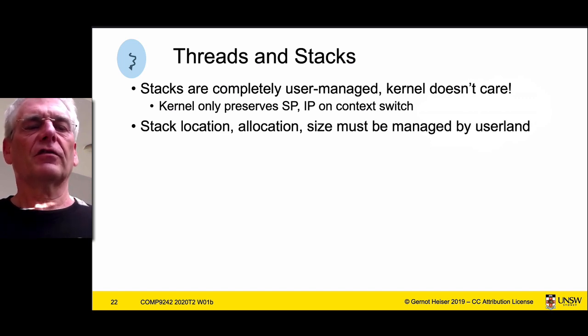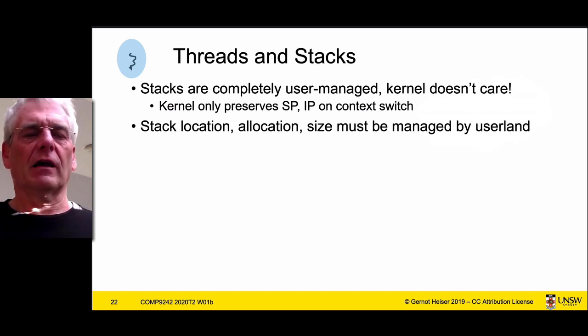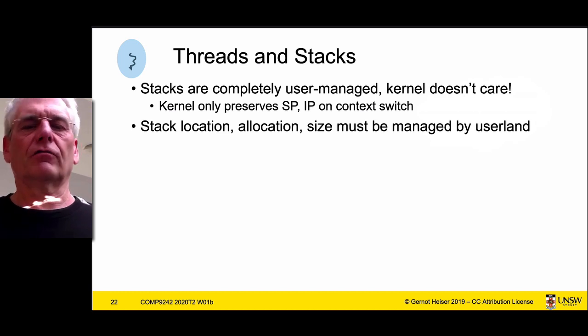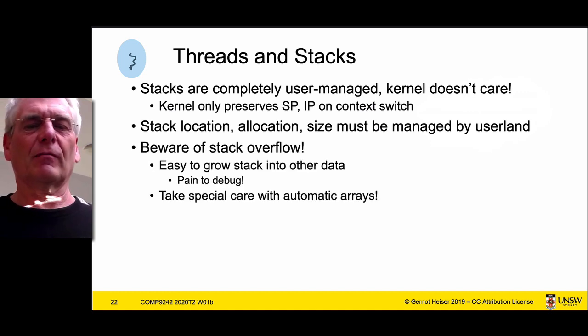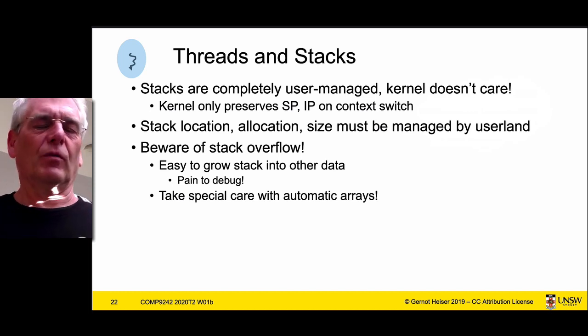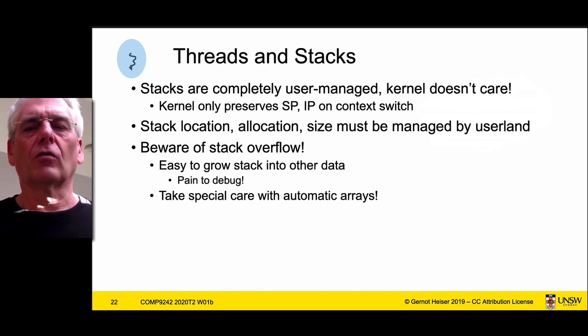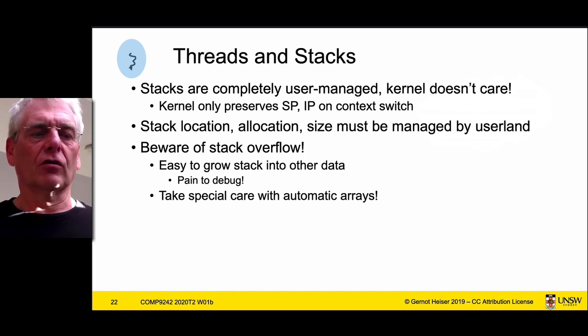So the stack itself must be allocated and managed by userland, and of course you typically hide that in a library, but you need to understand that if you have multiple threads, for example, in the same address space, then there's a certain amount reserved for every stack, and if it grows beyond that, it grows into some other data structures in possibly another stack. So you need to be careful about stack overflow, because that can be a pain to debug.